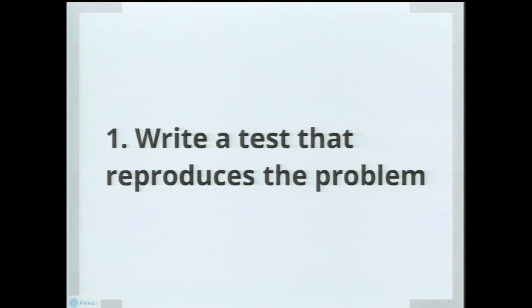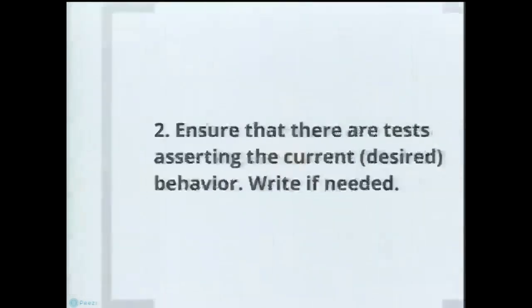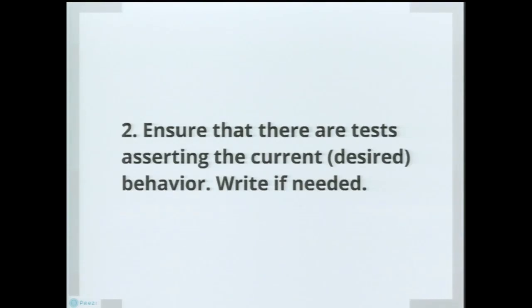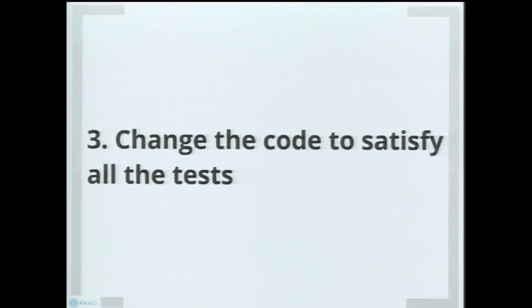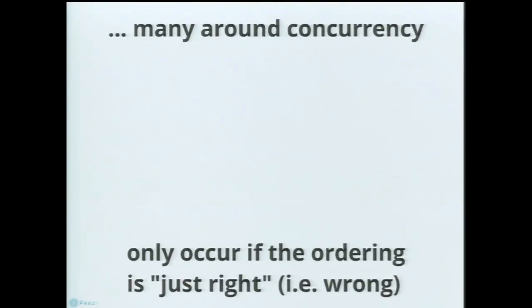So what I ended up doing was I wrote a full integration test that reproduced the problem. And I guess that this is what most people do when debugging concurrent issues. And then I of course assert that there are tests covering the current behavior. And then I changed the code. Right, that's how you do testing.